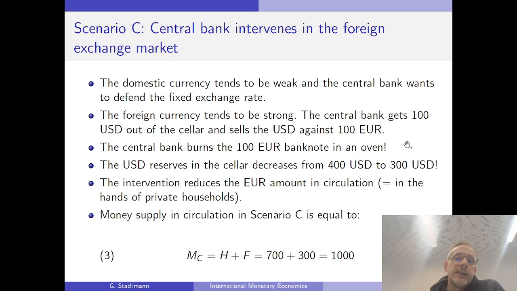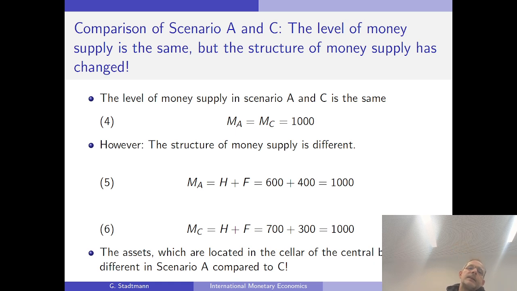So money supply in circulation in scenario C is equal to the 700 euros from the home component plus the 300 euros still in circulation from the foreign component, so it's 1,000 euros once more. When we compare the level of money supply in scenario A and C, money supply is constant.